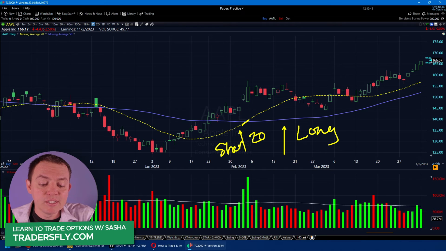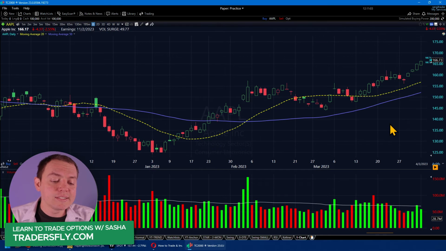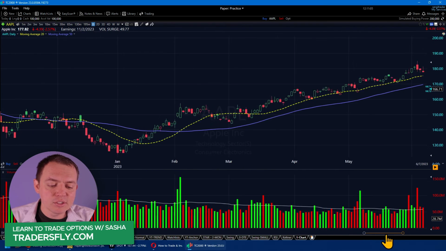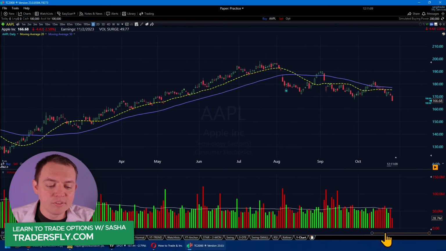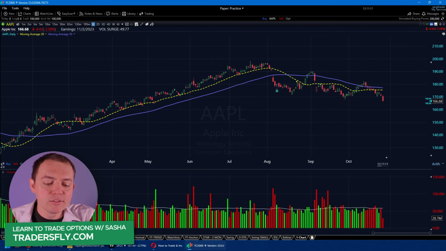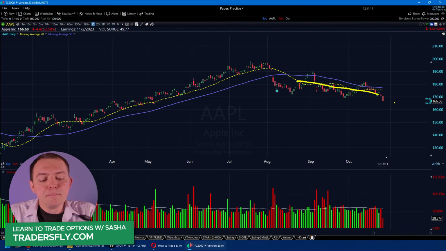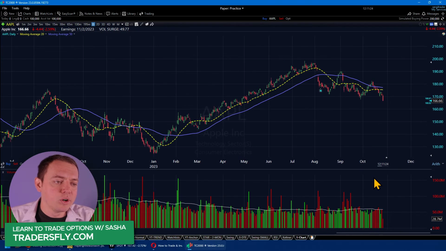As long as the shorter term is above the longer term, it's in a bullish state. You're in a bullish state where the shorter term is above the other one. And the minute the other one crosses, meaning now the longer one, the 50-day, is above the shorter term, you're getting into more of a bearish state or a downward momentum.